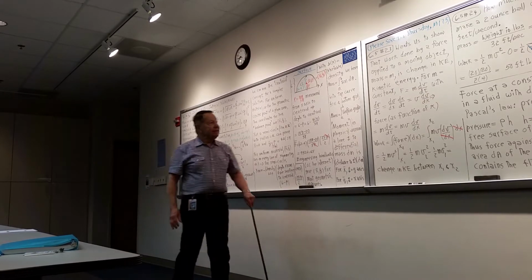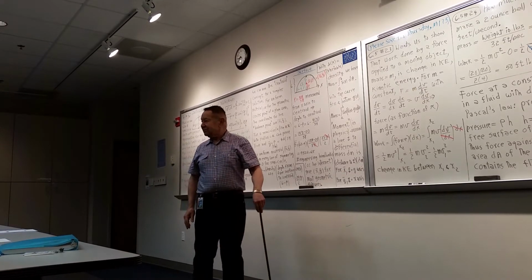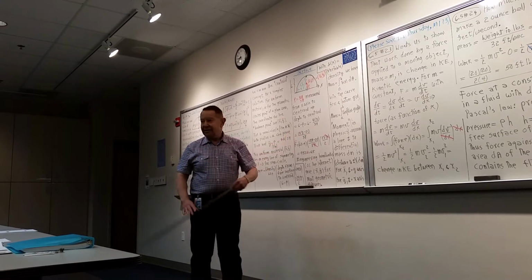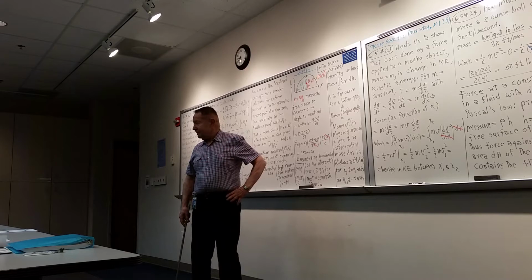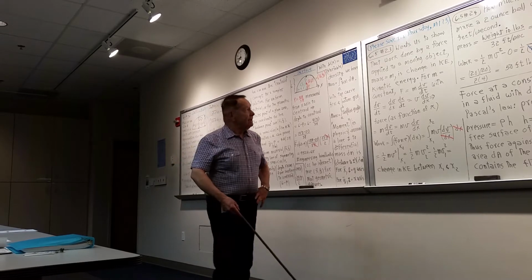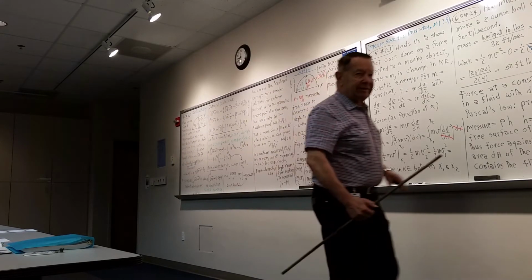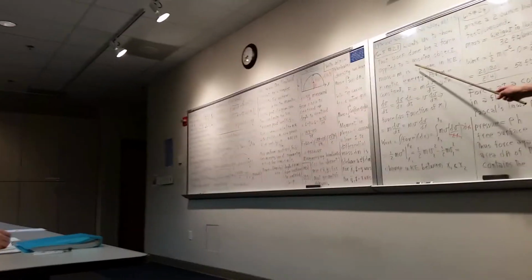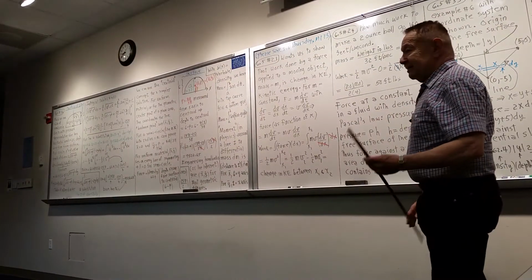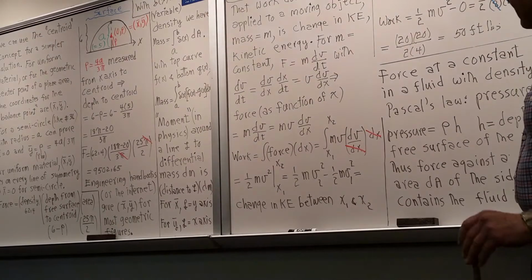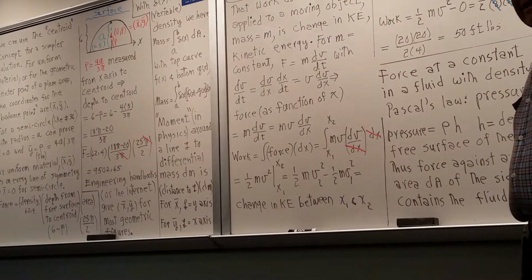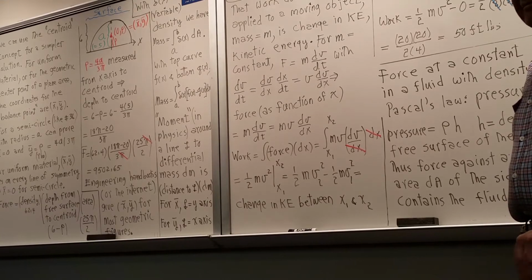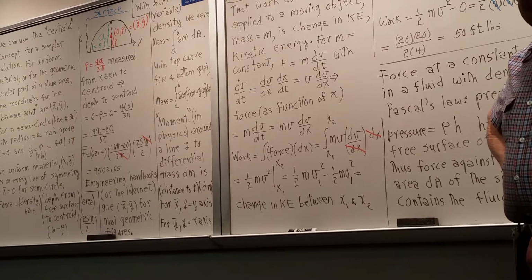So the next problem in 6.5 is number 23, and what it wants us to do is to show that the work done by a force applied to a moving object when the object has mass m is the change in what we call kinetic energy.